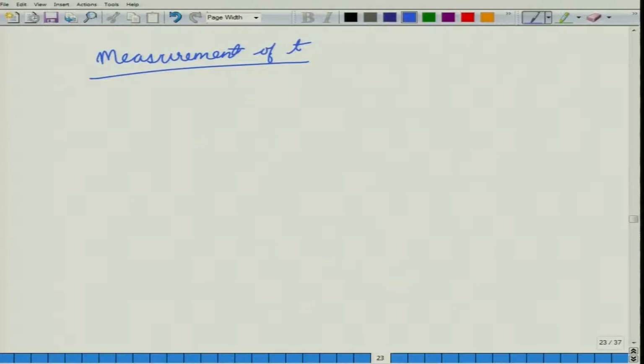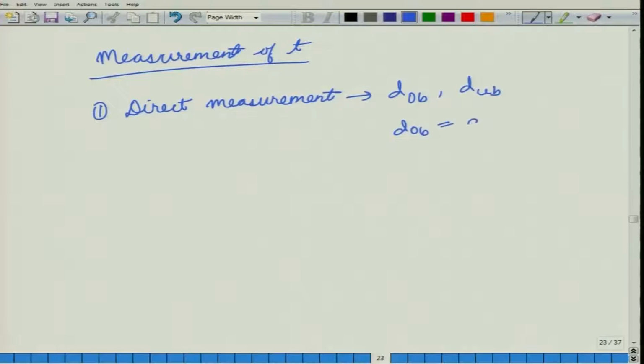Here we have two ways of measurement. One is called direct measurement. Direct measurement is what we get from felled logs or from stumps. In the case of stumps or felled logs, we can measure the over bark diameter, we can measure the under bark diameter, and then we can get the thickness using the relation diameter over bark is equal to diameter under bark plus twice T. But this can be used for felled logs or stumps.